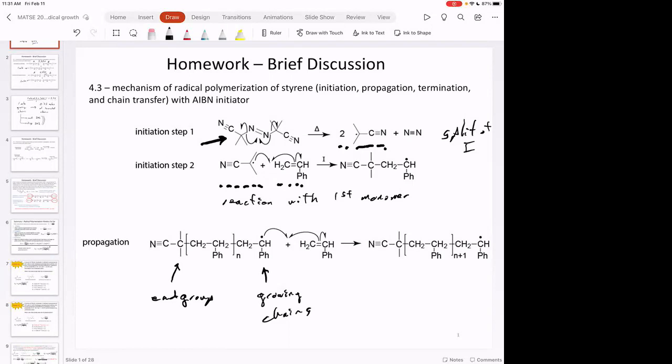It's sitting on the head, ready to react with the tail of the next monomer. And so we can write out a very clear expression for what propagation looks like. And this, of course, is a head to tail reaction based on the way we've drawn it. And so we have a new growing chain that adds one monomer.